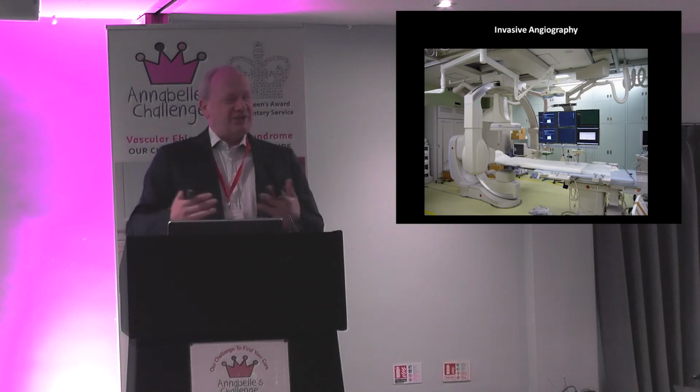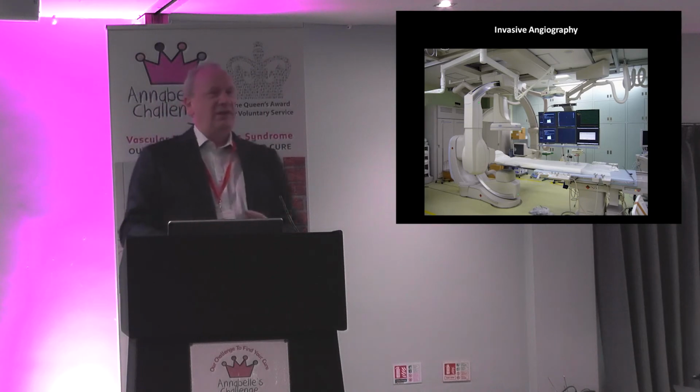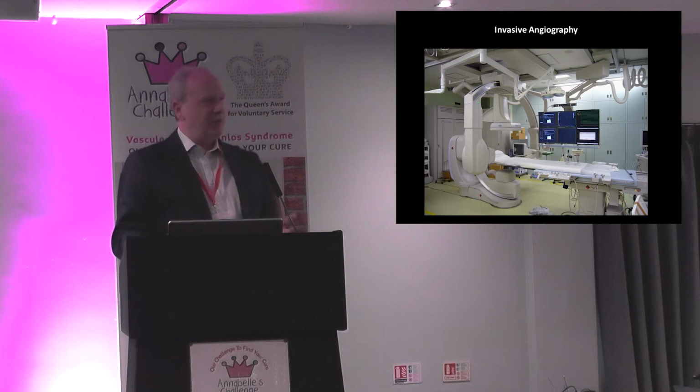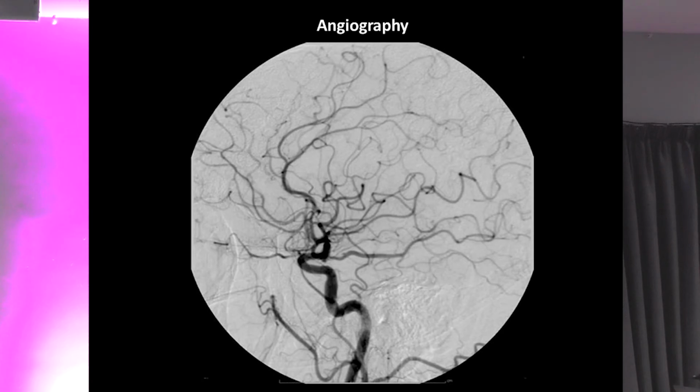So not only is it X-ray based, it's invasive, and of course we know tissue fragility is a part of vascular EDS, so we try and steer away if we can from invasive procedures, but occasionally they still have to be done. And so you can get some very nice pictures by doing the angiogram and then subtracting away all of the other tissues, so you're left just with a picture of the arteries.